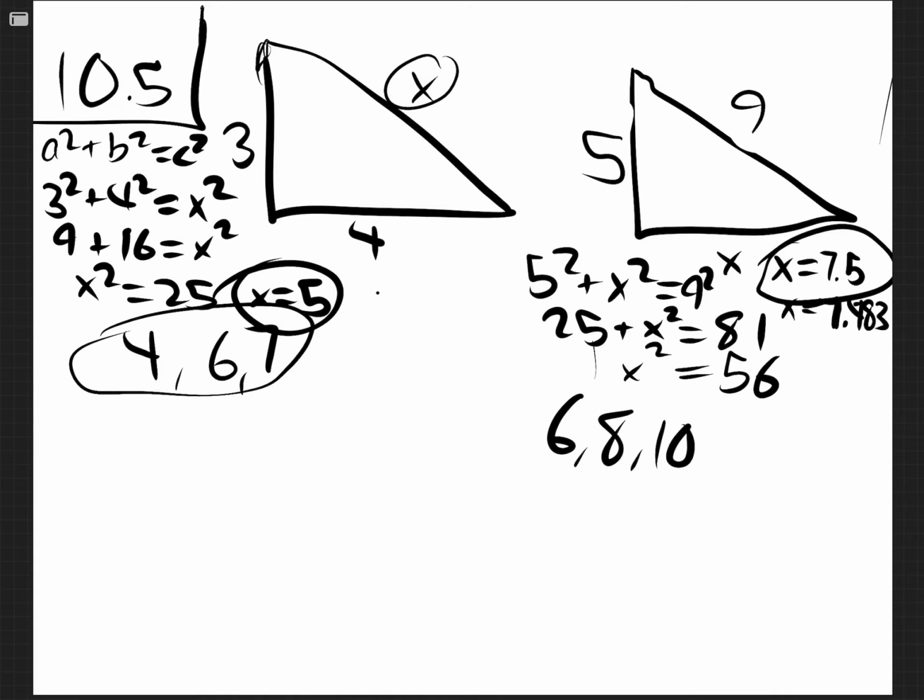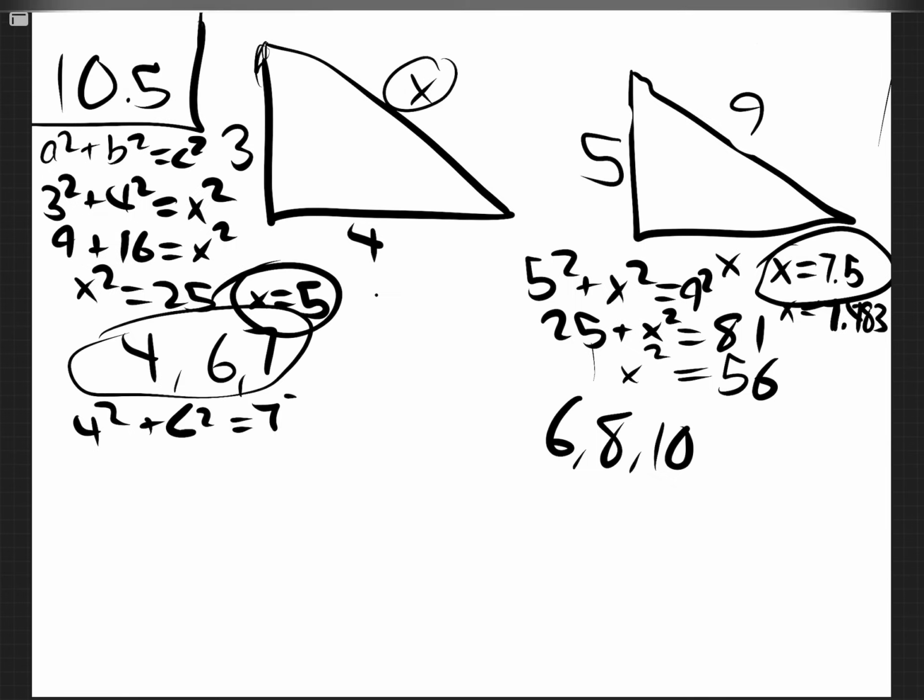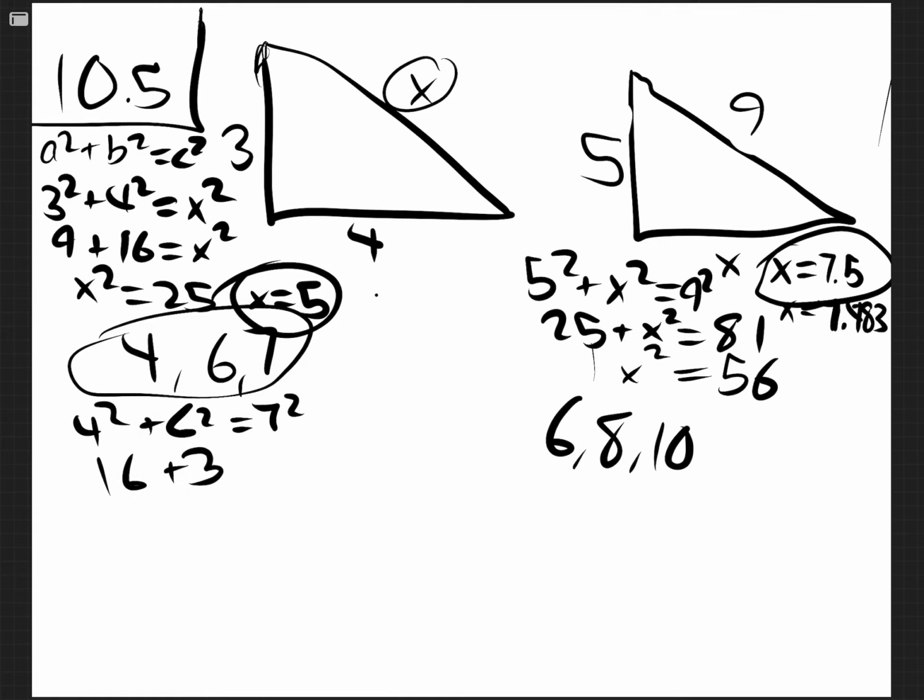So we have 16 plus 36 equals 49. And 16 plus 36 is not 72, it's 52. 52 equals 49, which is untrue.